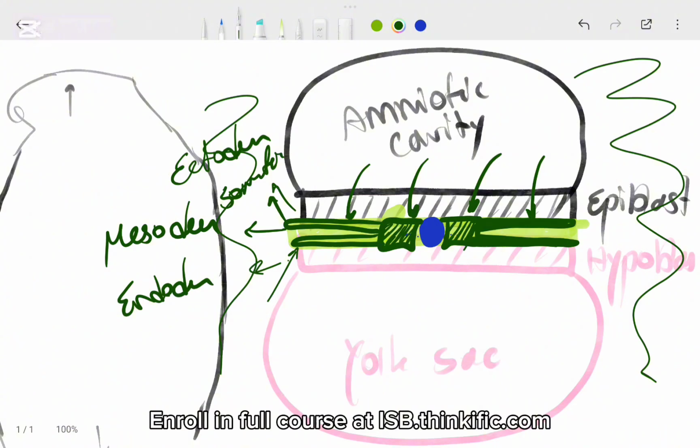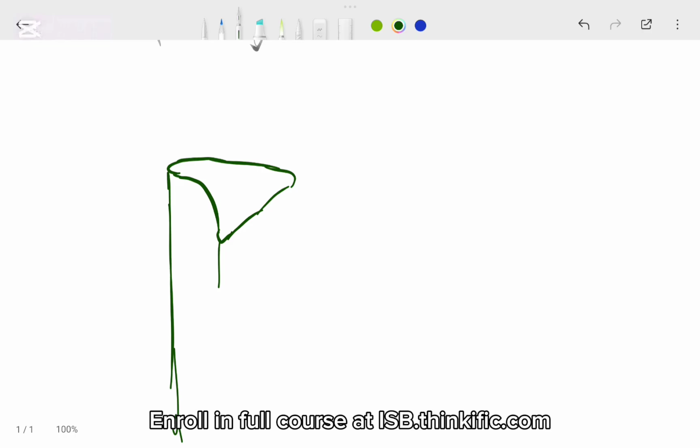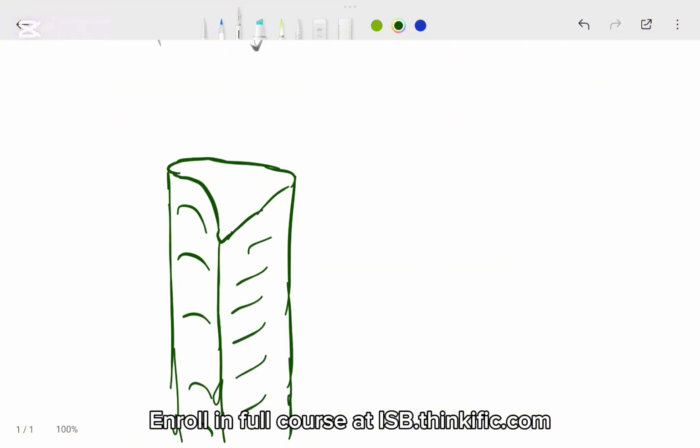Now, from this paraxial mesoderm, essentially this is a cut section, but in reality it's a column, right? It's a column like this. It's a continuous column of mesoderm called paraxial.